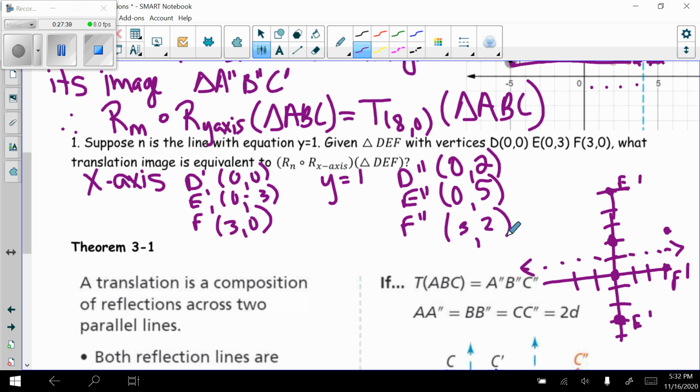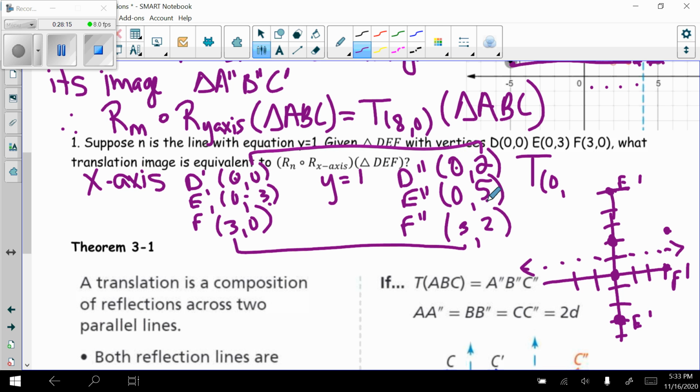So look at the change in these. Did any of my x's change? 0 to 0, 0 to 0, 3 to 3. I did not have any change in x's. So in my translation rule, my x's did not move left or right, so that's 0. Look at my y's. I went from 0 to 2, a change of 2. I went up 2. I went from negative 3 to 5, and from 0 to 2.